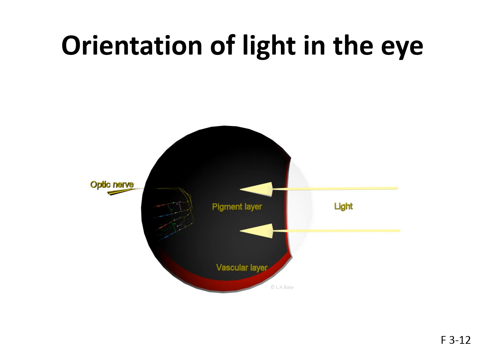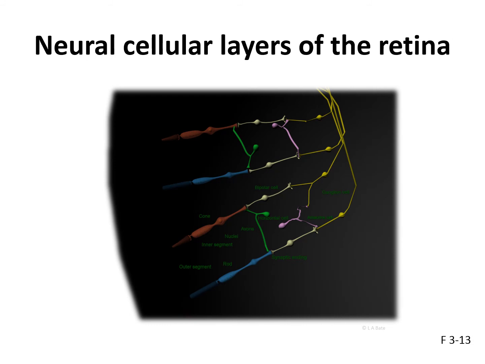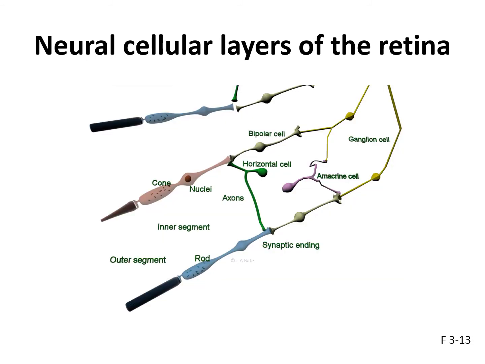If we magnify this picture, we start seeing more clearly the position we see in the eye. If we eliminate the pigmentation, we can see clearly all the components here, including the amacrine cells.